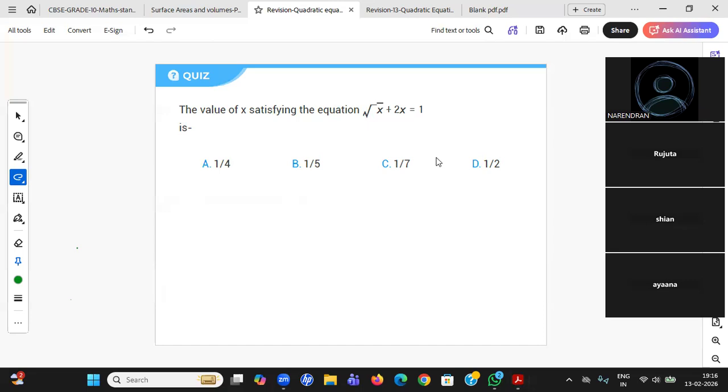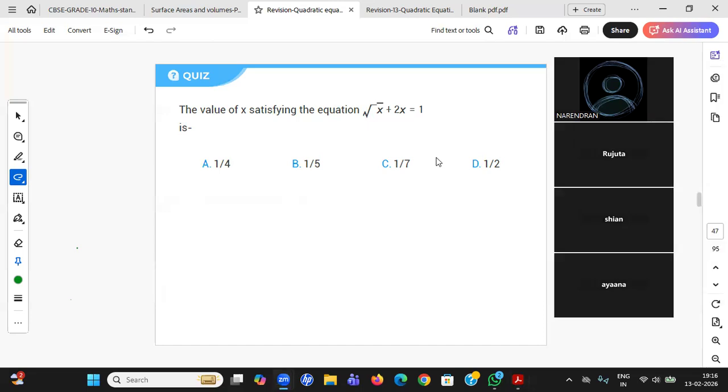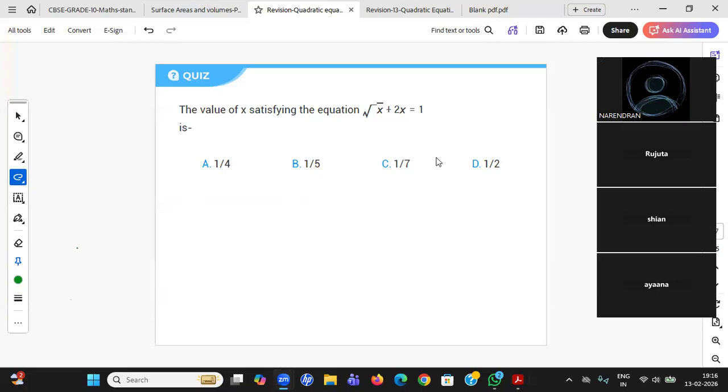You substituted it. Rujita, can you hear me? Rujita? Yes, sir. How to proceed, beta? No, not able to hear you. I want the value of x. So as we are in quadratic equation, you will get some quadratic equation. How to proceed?